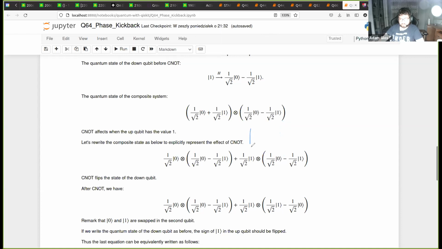There are no gates applied yet. This is just reformulated. When you apply NOT, then you see this is the control qubit, so nothing is changed, and this is the target qubit, so we swap 0 to 1, and 1 to 0.